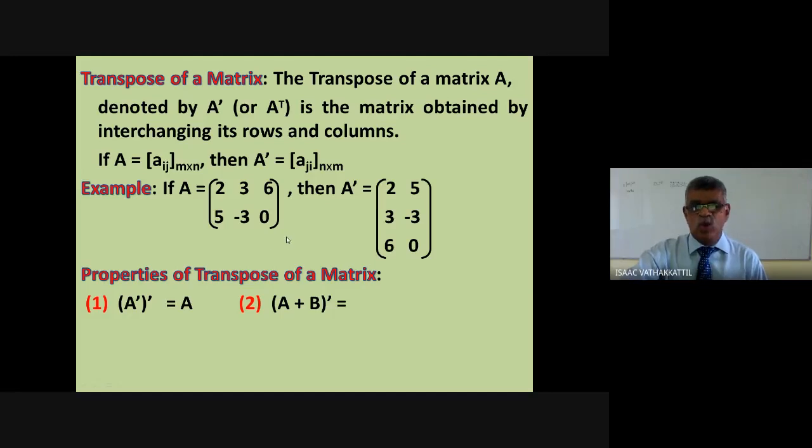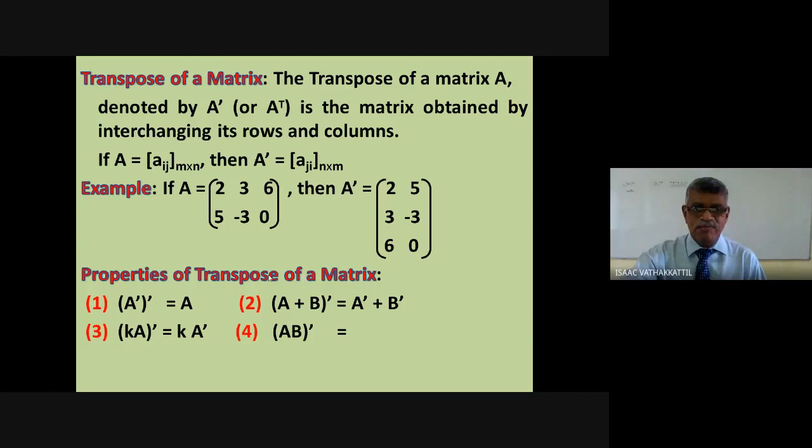We can easily show (A plus B) dash is nothing but A dash plus B dash, and for a constant multiple, (kA) dash, that k has no effect. k will simply come out. It is simply as good as k multiplied by A dash. kA is a matrix; its transpose is as good as k multiplied by A dash.